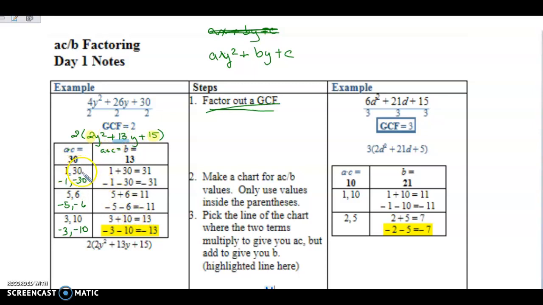So if I take 1 plus 30, I get 31. Negative 1 plus negative 30 is negative 31, and so forth. And even though they have this one highlighted, we're looking for a positive 13. So we actually want the positive 3 and the positive 10. So this is the one we're going to use.